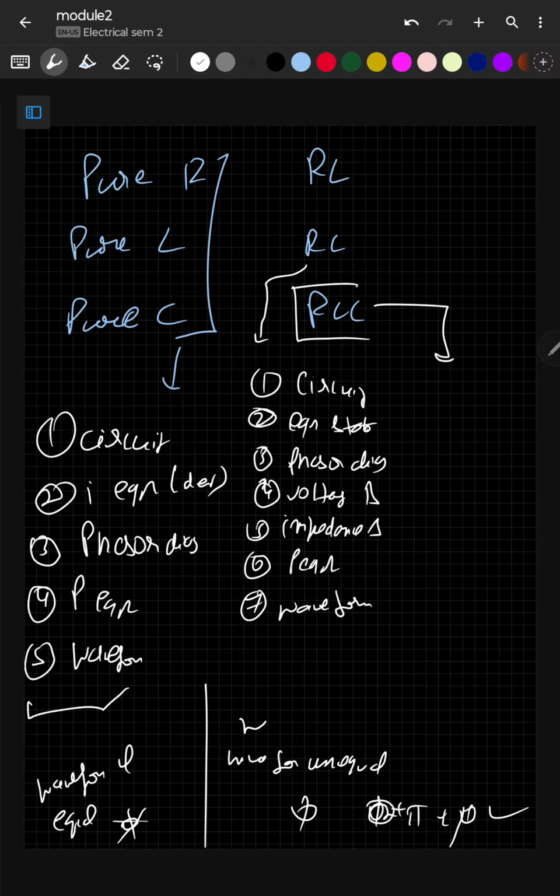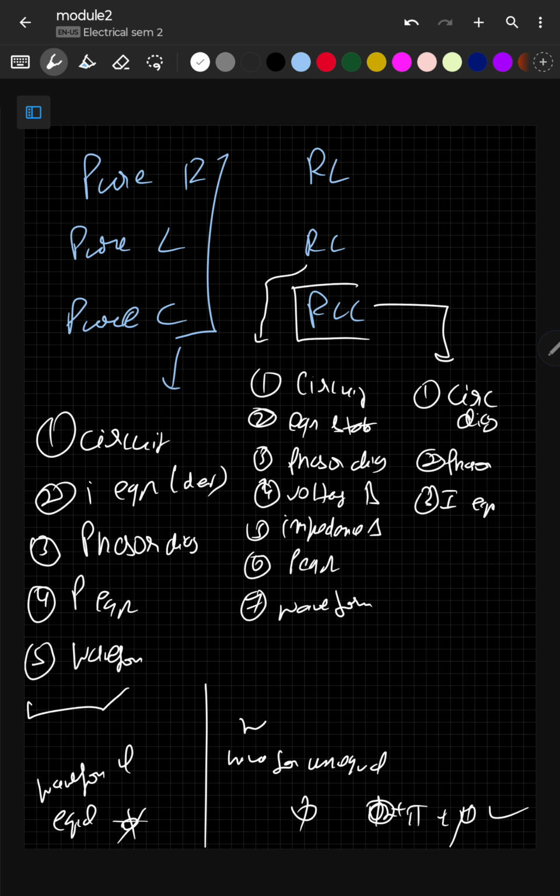Okay, according to my notes I'm saying circuit diagram, phasor diagram. Neither the current equation nor the voltage equation is given, because here you're going to check whether XL is greater than XC, XL is less than XC, or XL is equal to XC. Those are the 3 cases which are going to come here.